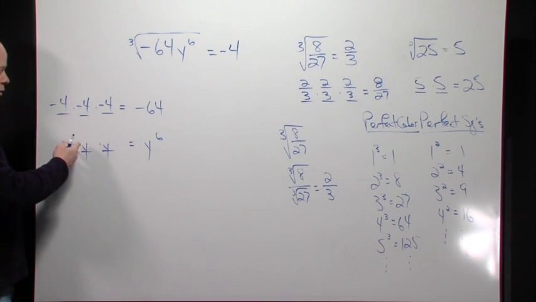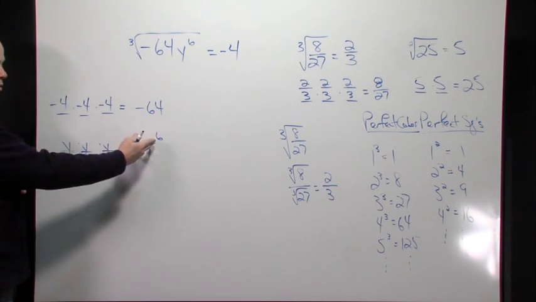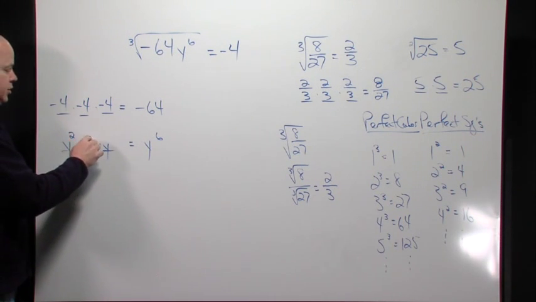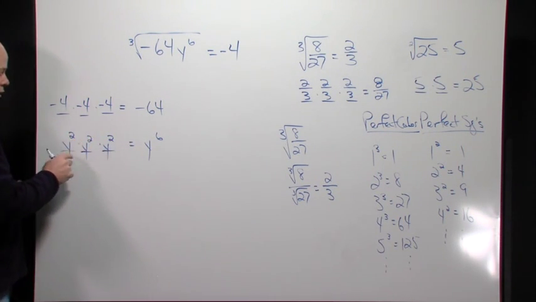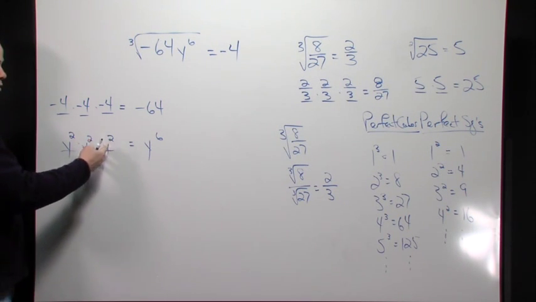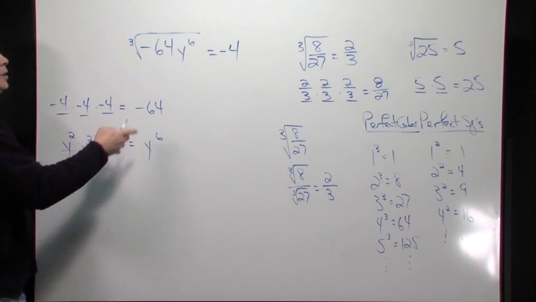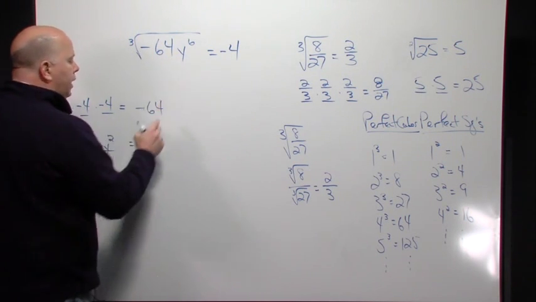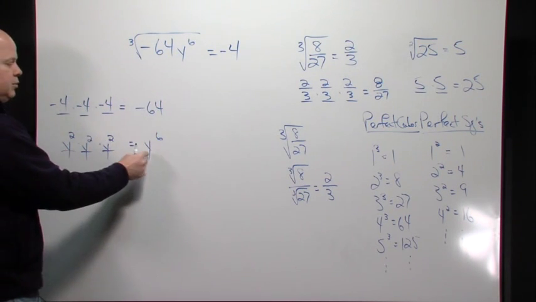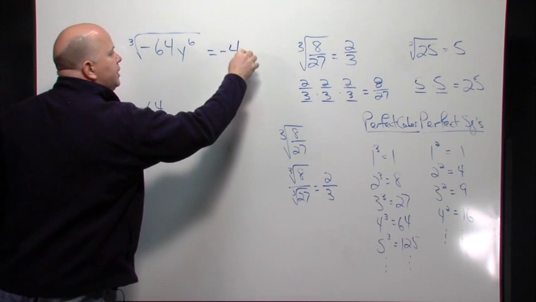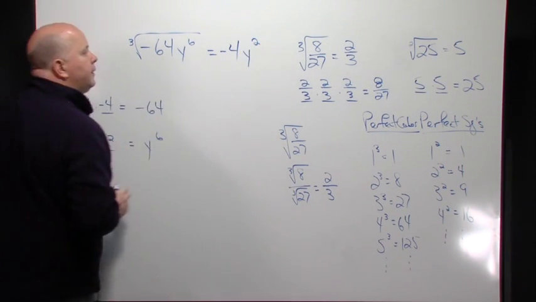So, in essence, we're looking for what plus what plus what equals 6, and that's going to be 2. And again, we could look at y squared times y squared is y to the 4th, times another y squared is y to the 6th. So when we look at the cubed root, what times itself 3 times equals y to the 6th? That's going to be y squared.